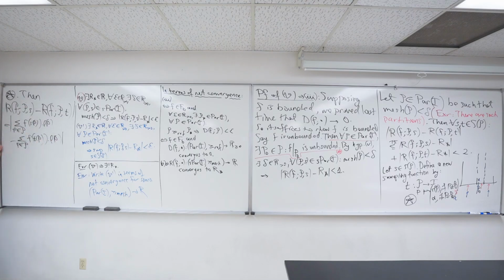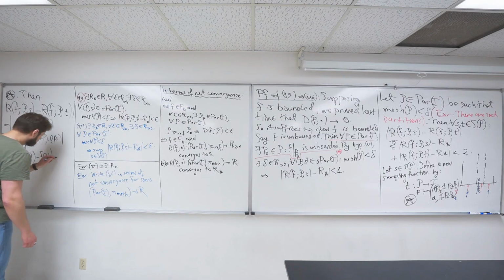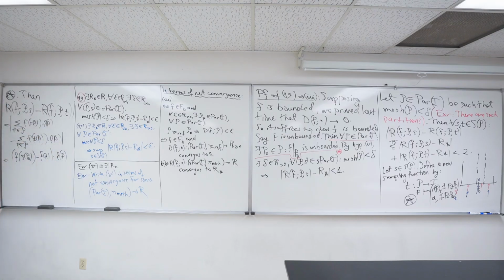Of course, you can consolidate, and unless p is p0, this term is going to cancel out with this term, which means that this is nothing but f of s of p0 minus f of alpha, times the length of P0.